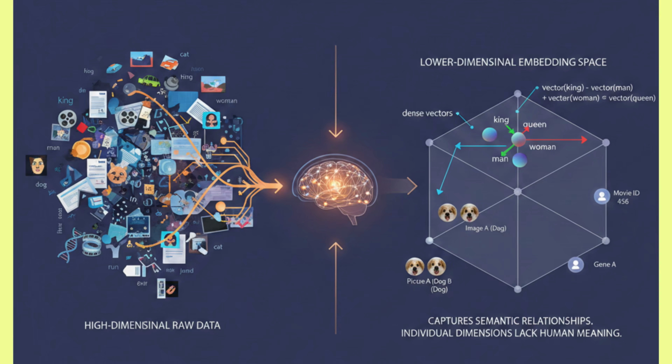For example, in a word embedding, the vector for king and queen would be close to each other in the vector space because the model has learned their similar context and meaning from a large body of text. Unlike feature vectors, individual dimensions in an embedding vector generally lack a clear, human interpretable meaning. And the purpose is to capture the semantic and contextual relationships between data points.